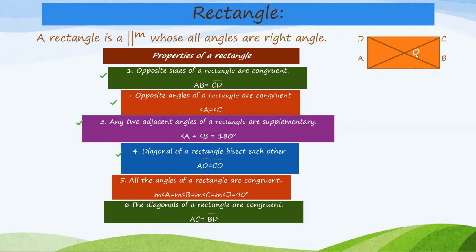It's correct. Now, the fourth property, which is also the property of parallelogram, is that the diagonals of rectangle bisect each other. Right?